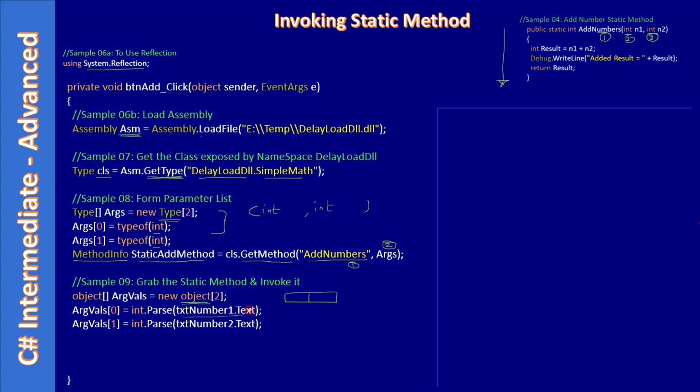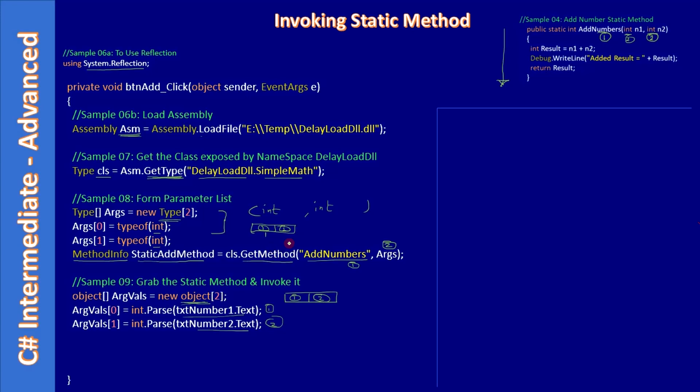Whatever this supplies will sit here and match the type array we already created. This one and the value supplied, these two should match. Then we supply txt number2.text, and we fill the second slot as well.